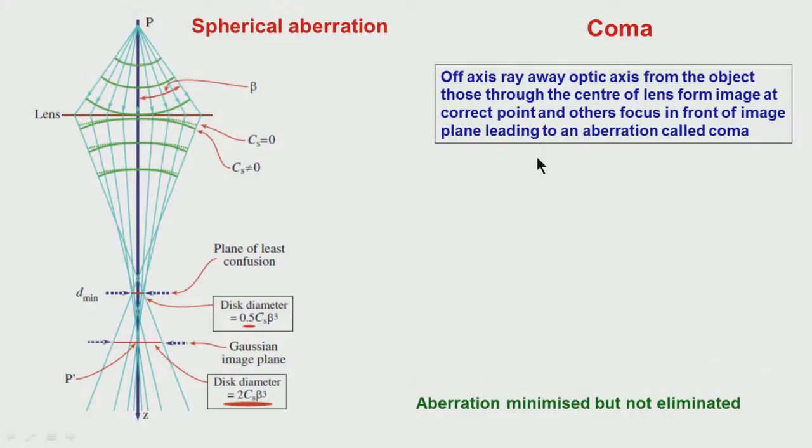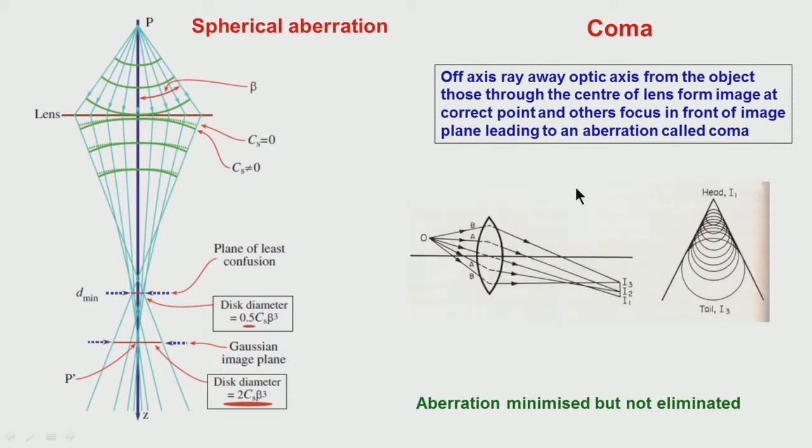It is like a comet, the shape of the aberration looks like that of a comet. Here one can make out that the ray passing through the center of the lens goes undeviated. For this particular ray and the rays close to it, the paraxial rays, the focal point is here. So, it is a small point at which we form the image, and the rays which are far away spread, and that is what is being shown.